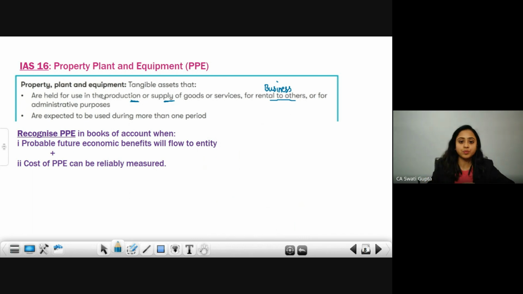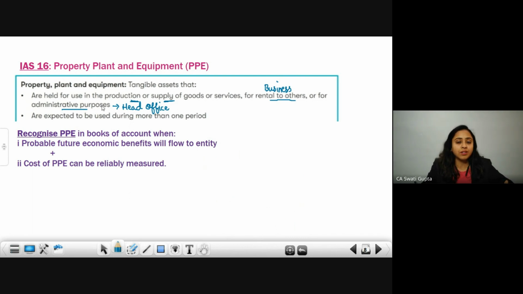Do not get confused. So if you're using it for business purpose, or if your business is of renting out and you're using that asset for that renting business, or for administrative purpose. Administrative purpose means head office. For example, you're not manufacturing something over there. Instead, you are handling the admin part over there.